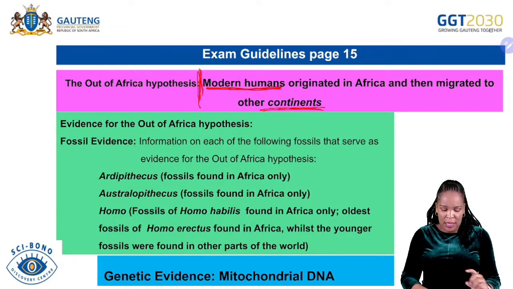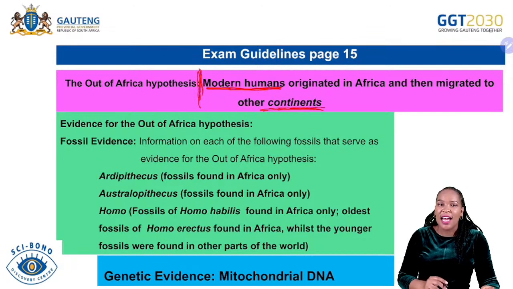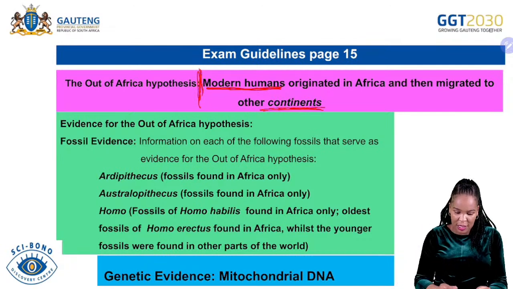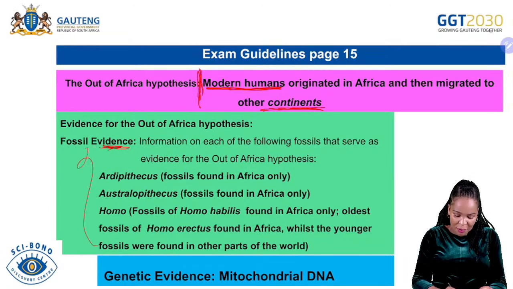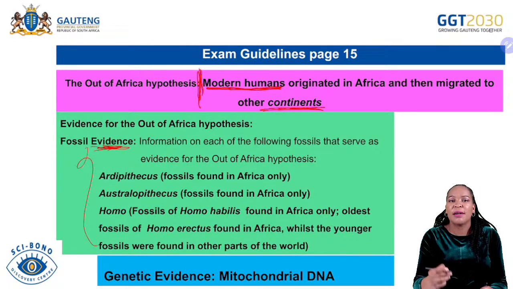What gives them that? They support their information with evidence. The first evidence that they use is fossil evidence. They use fossil evidence. Now, this is the information of each of the following fossils. Now, this is what your exam guideline is telling you. Your exam guideline says you must know which fossils were used as evidence to support the out of Africa hypothesis.